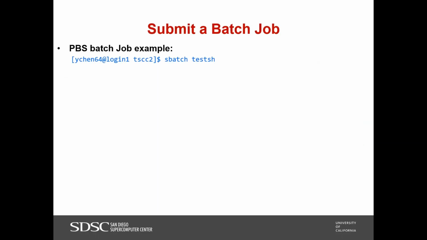Okay, next is about how to submit a batch job. So here's a batch job example. You can just use the sbatch command to submit your SLURM job script.